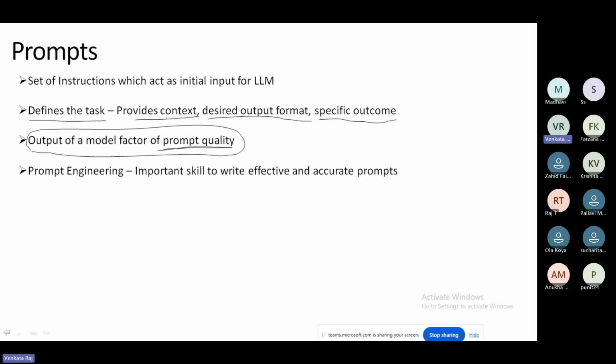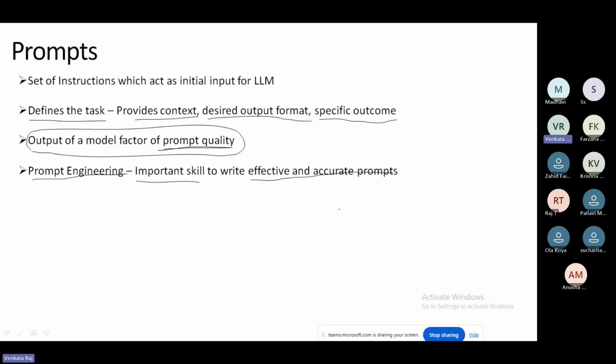What is the benefit then, if we are taking so much time to get our output? We are not getting the correct output, we keep trying, and our time is getting wasted. That is why, guys, prompt engineering is very, very important. People are not able to understand the importance of it, but that is what I'm trying to say: it is an important skill to write effective and accurate prompts, everyone.